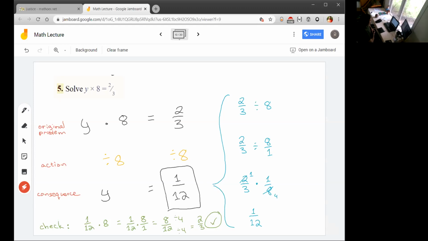Okay, any questions about number 5? I'll also say that I wrote way too much in blue. If you wrote less than that and got 1/12, that's great. I am writing extra because I am lecturing.